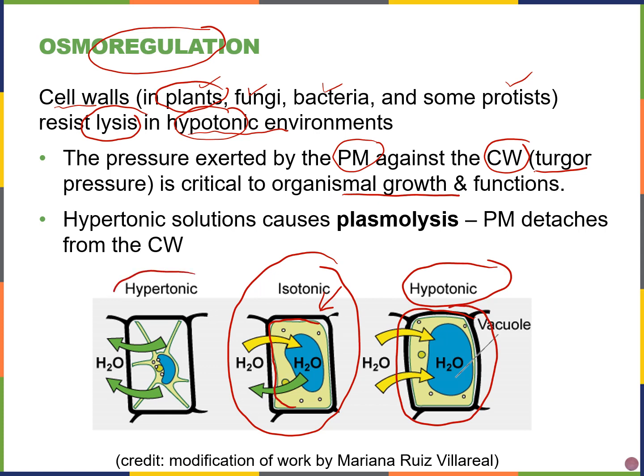In hypertonic environments, you might not notice anything happening to the cell unless you look more carefully. Here, water will leave the cell just as it did for the red blood cell, but in the plant cell or any other kind of cell with a cell wall, the result is not crenation, it's actually known as plasmolysis. The plasma membrane detaches and pulls away from the cell wall, and I can see that here.